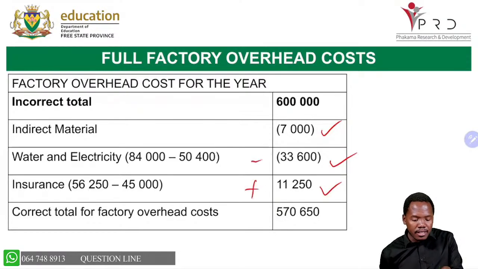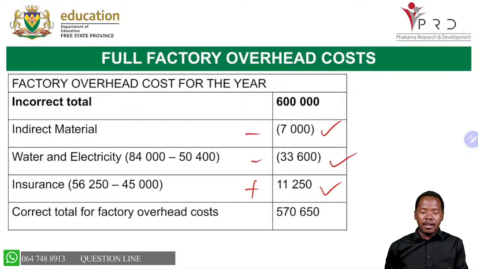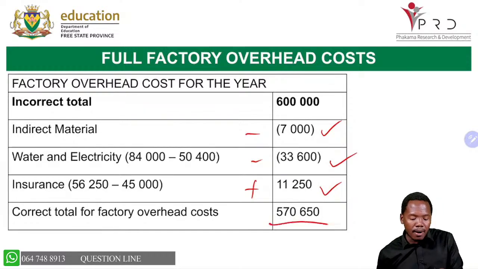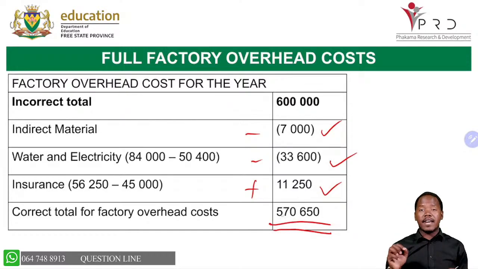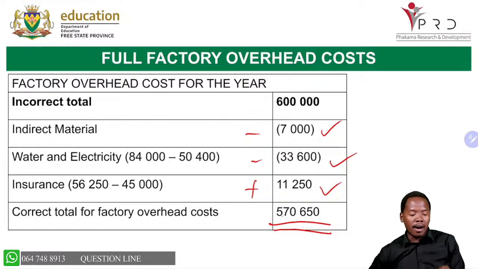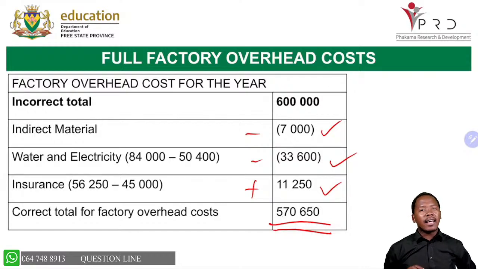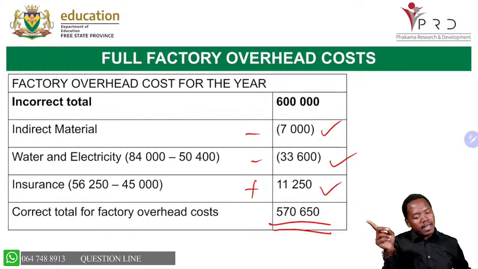So we add this one, subtract. And then when you do your calculation, 600,000 minus 7,000 minus 33,600 plus 11,250, we get our answer to be 570,650. So now this amount, remember, once you record your total, immediately go to your production cost statement and record that answer there.